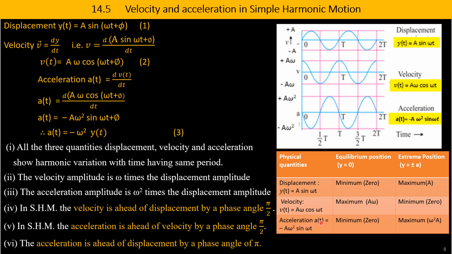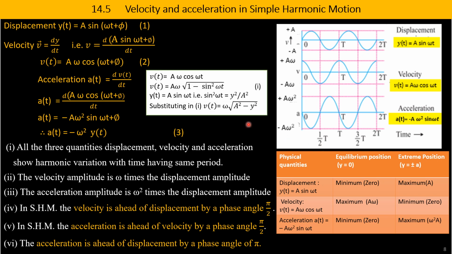Finally, acceleration a of t is equal to a omega square sin omega t from equation 3, and here also the minimum is 0 and the maximum is omega square into a. Some more derivations can also be obtained. We know that v of t is equal to a omega cos omega t from equation 2. Therefore, we can write cos omega t as square root of 1 minus sin square omega t, from the knowledge of trigonometric ratios.